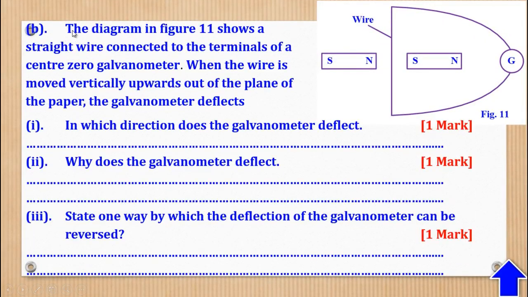So part B says that the diagram in figure 11 shows a straight wire connected to the terminals of a center zero galvanometer. When the wire is moved vertically upwards out of the plane of the paper, the galvanometer deflects. Roman 1, in which direction does the galvanometer deflect?